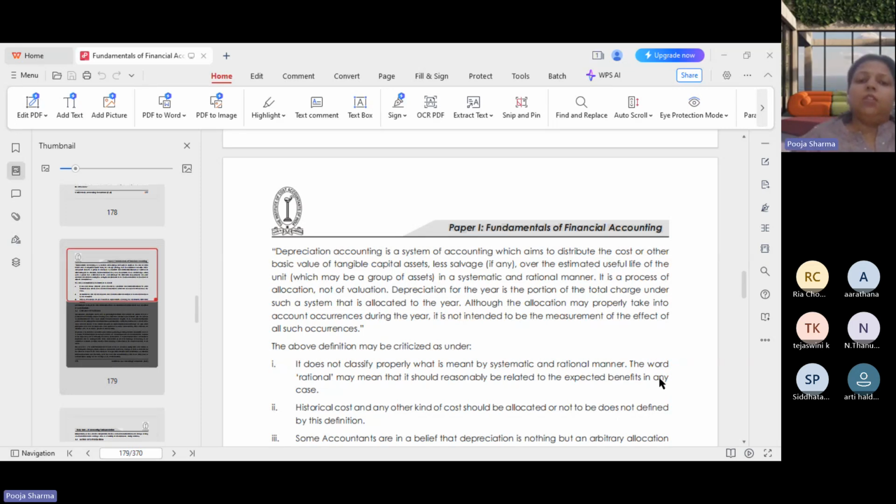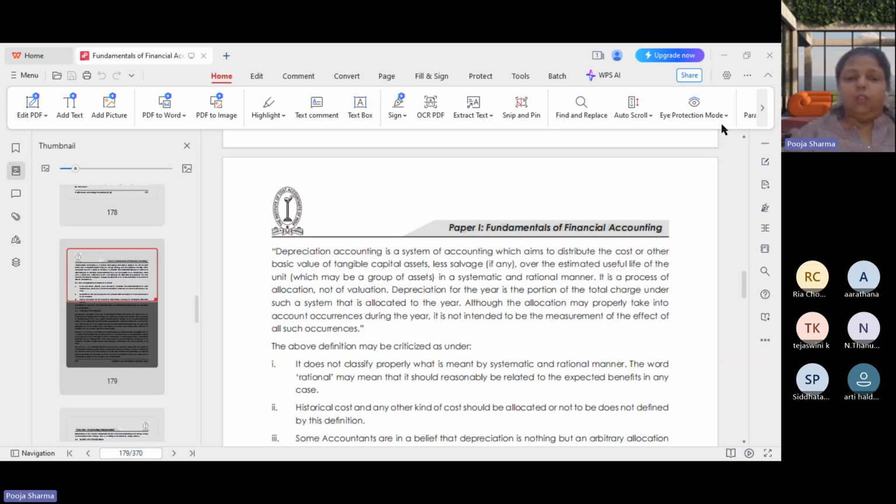Depreciation. Its meaning is just a reduction in the book value of a fixed asset. It may be caused due to wear and tear, which is normal. It may become obsolete due to regular use, outdated technology, or advancement of technology.